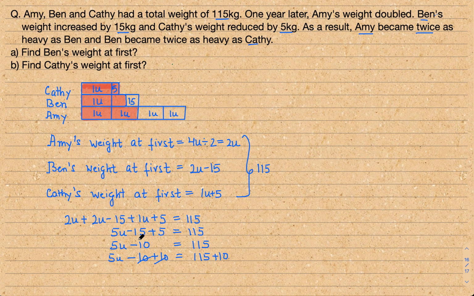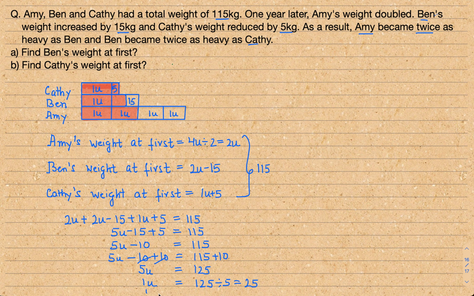Because I have to get rid of minus 10 from the left hand side, and since I am adding it on one side, I need to add it on the other side as well. So from here you will get 5 units is equal to 125. That means 1 unit will be 125 divided by 5, and that will give me 25.